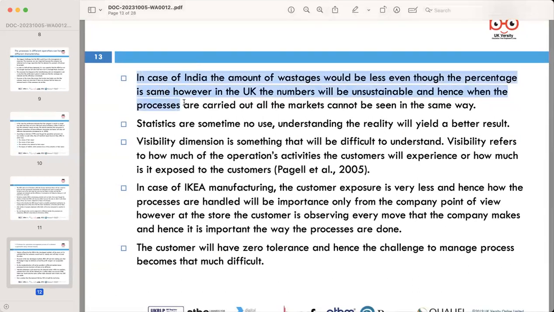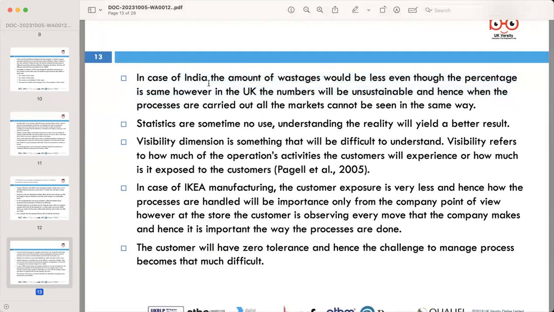No question. Okay. So, in case of India, the amount of wastage would be less, even though the percentage is the same. However, in the UK, the number will be unsustainable, and hence, when the processes are carried out, all the markets cannot be seen in the same way.